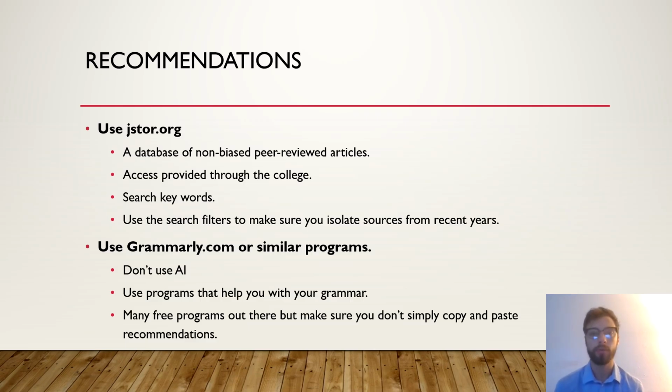So make sure you use peer-reviewed sources in your paper, and JSTOR is the best place to look for your first source. Also, use Grammarly.com or similar programs. I know Grammarly has expanded to use a lot of AI, but if you use it strictly to help you improve your grammar, without those excessive paid subscriptions that alter your text significantly, just make sure you're spelling words correctly.